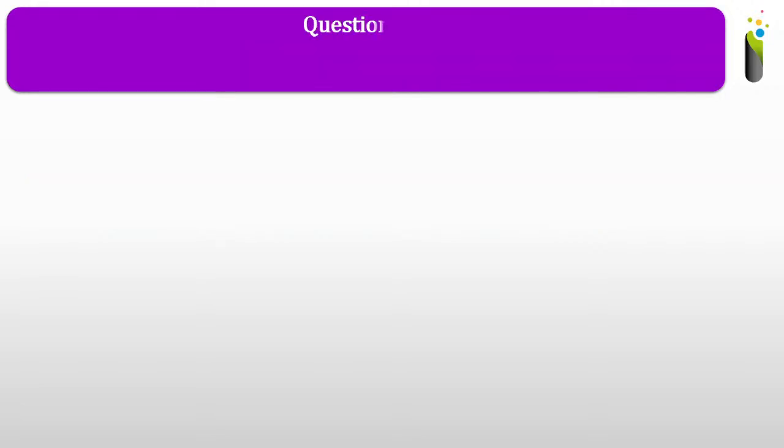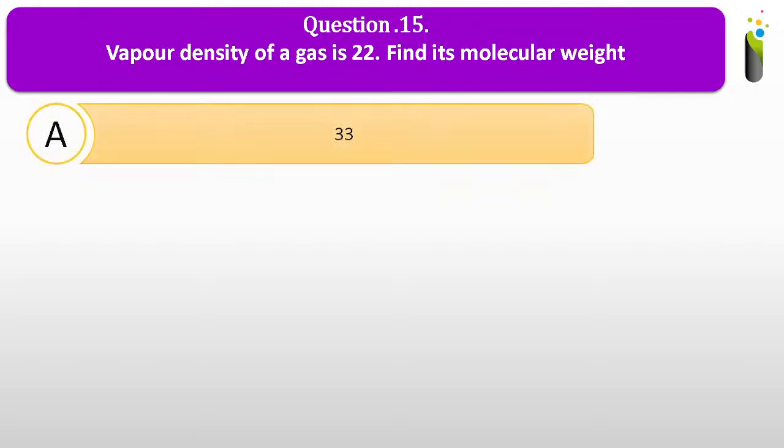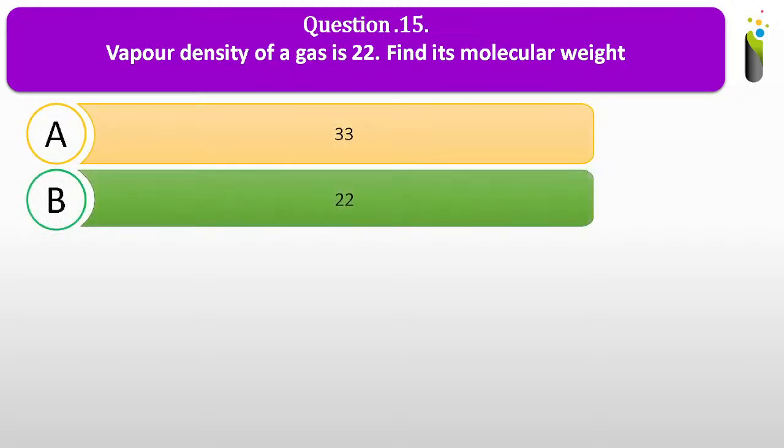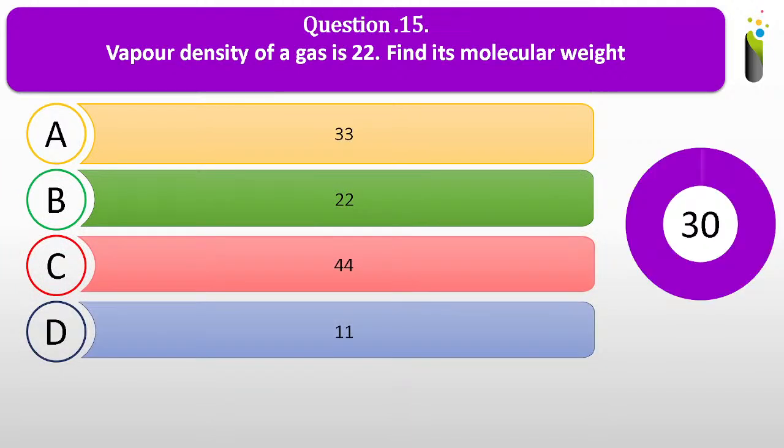Coming to the next question, number 15. Vapor density of a gas is 22. Find its molecular weight. A. 33, B. 22, C. 44, D. 11. So the vapor density of the gas is 22.